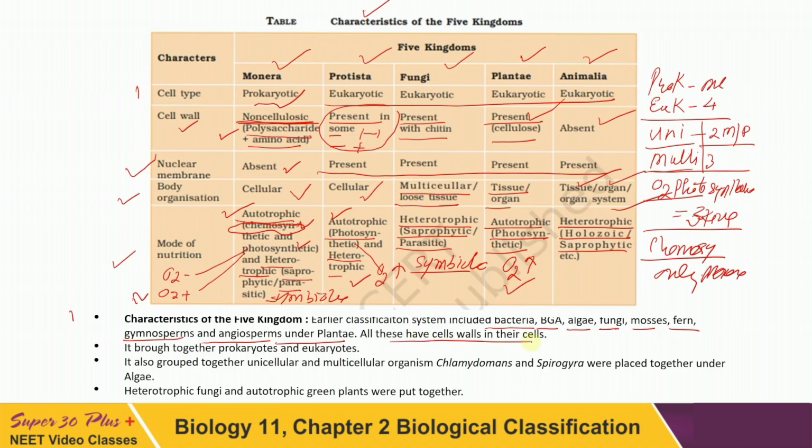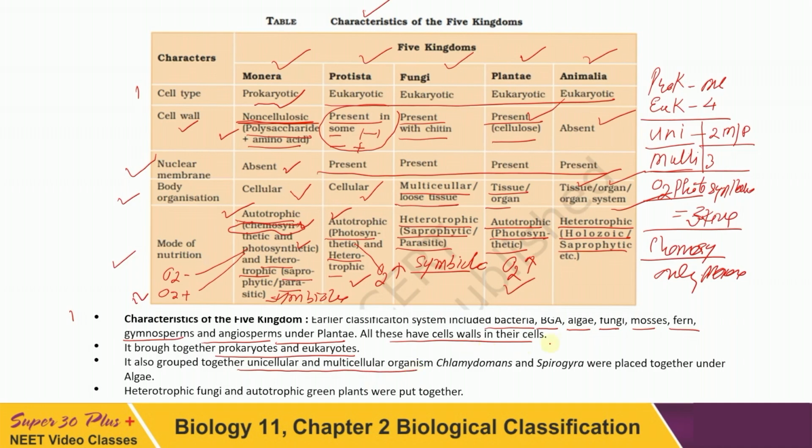What was done in the 5 kingdom classification? Prokaryotes and eukaryotes which had been brought together have been separated. It also grouped together unicellular and multicellular organisms.